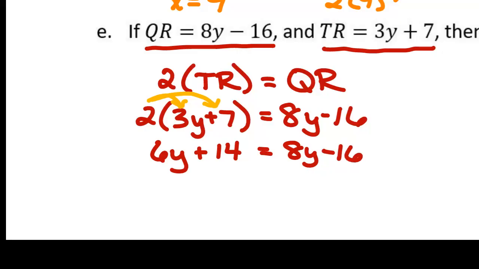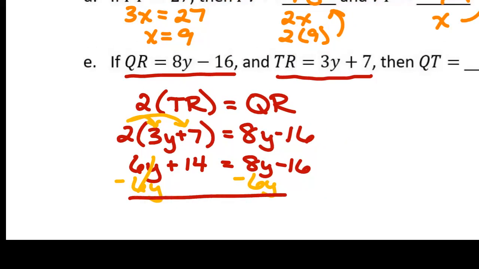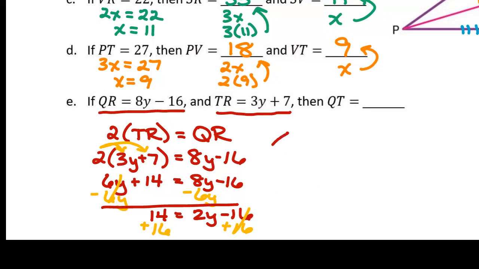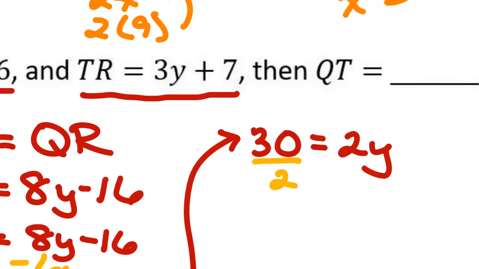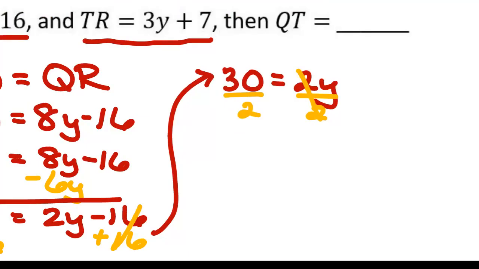Equals 8Y minus 16. Now we're going to get our Y's on the same side, so I'm going to minus 6Y from both sides. So I have 14 equals 2Y minus 16. Then I'm going to add 16 to both sides. What's 14 plus 16? 30. So I have 30 equals 2Y. Divide both sides by 2, and that means Y is how big? Y is 15.